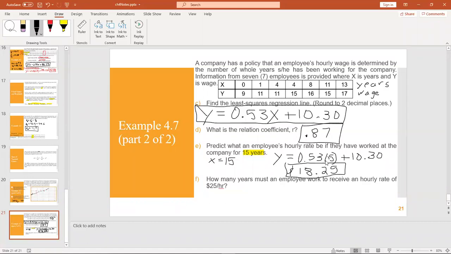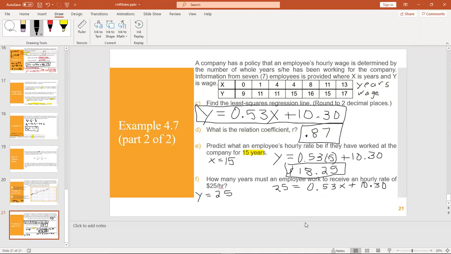How many years must an employee work to receive a wage of 25? Well, as discussed before, the wage is Y, so this is basically telling us Y should equal 25. I've got an equation with a Y in it, so let's put in 25. Now we're going to rock some old school algebra and solve 25 equals 0.53x plus 10.3.